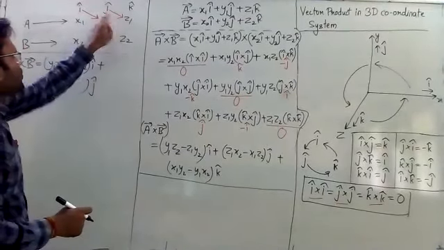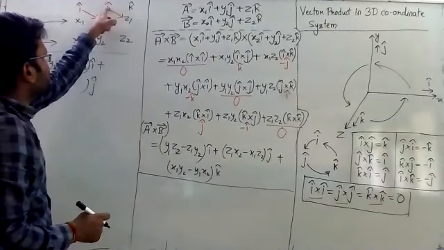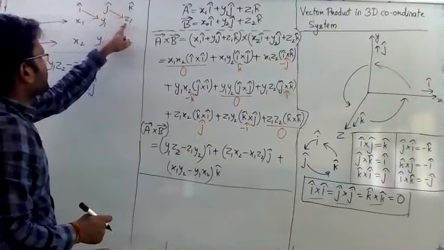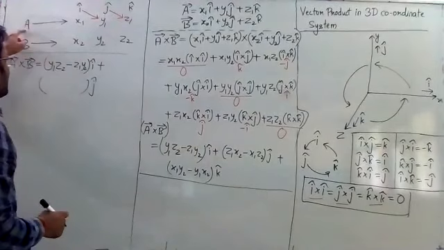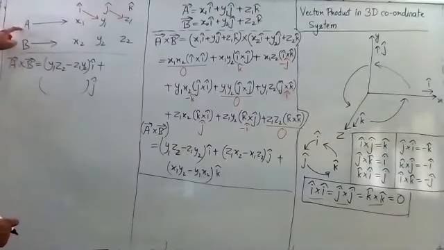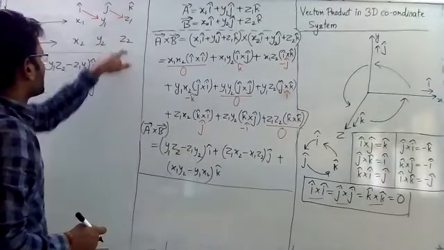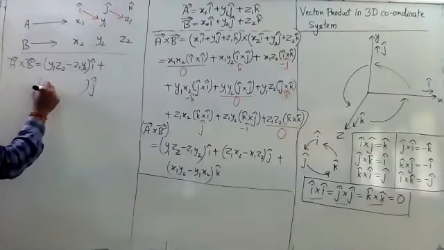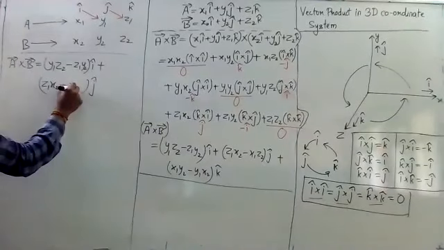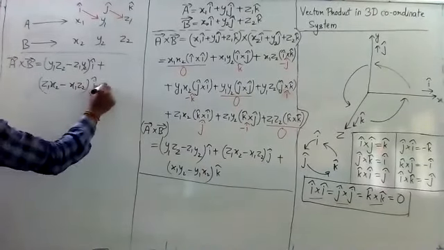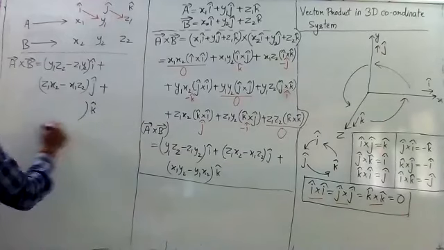For J cap, I will start from the next, that is after J we are getting K. So we start from the K coefficient of the first vector, because in A cross B, A is the first vector. So Z1 X2 minus X1 Z2.